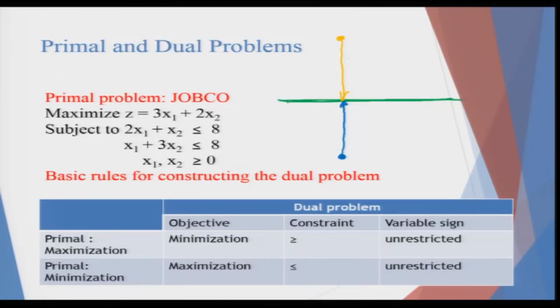I will decrease my objective function such that at the optimum point the objective function values of both are exactly the same, and the point at which I obtain the maximization and minimization would be the same. That means the optimum physical point, or feasible corner point, where I stop my optimization would be the same.